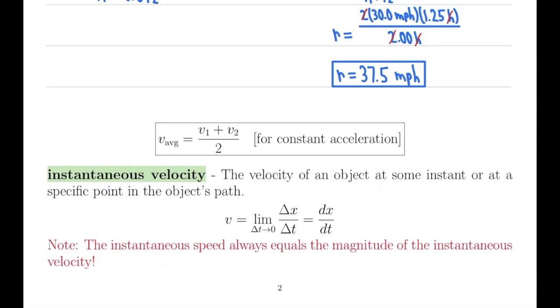This is because the distance traveled and the magnitude of the displacement are going to be the same when the change in time is infinitesimally small. And by the way, for the rest of the lesson, and even for future lessons, when I use the term velocity, I'm referring to instantaneous velocity. But when I'm talking about average velocity, I will make it clear by including the word average.